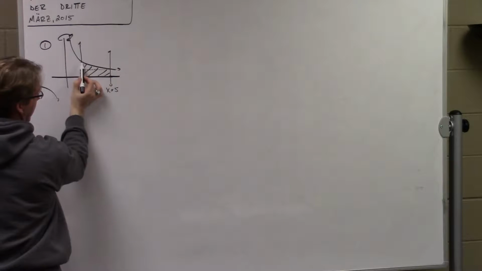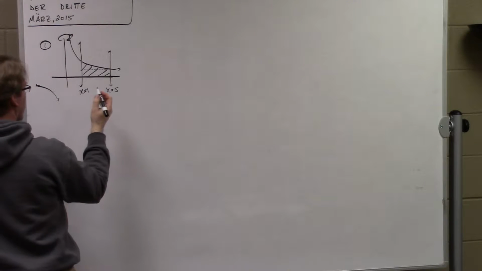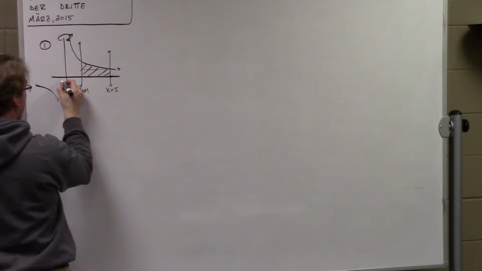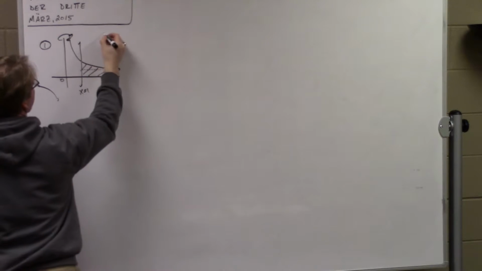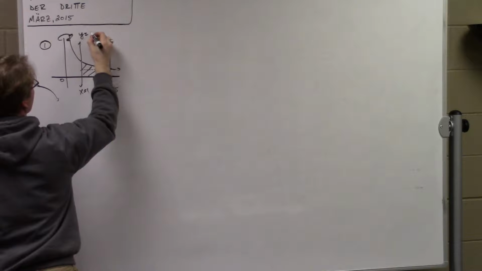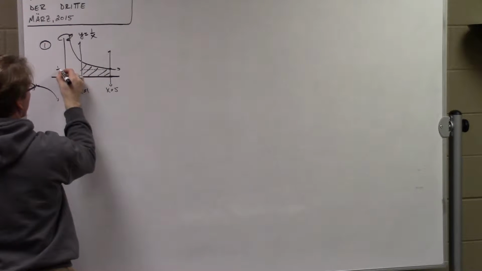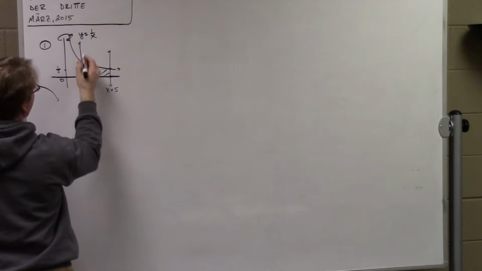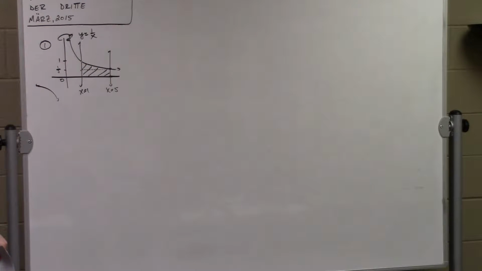For whatever this line is to that point, you would have the curve on top and the line on bottom. This is 0. This right here, because that's 5, our function value was 1 over x, so this would be 1/5. And this is at 1, so this would be 1. Not really drawn to scale, but you get the idea.